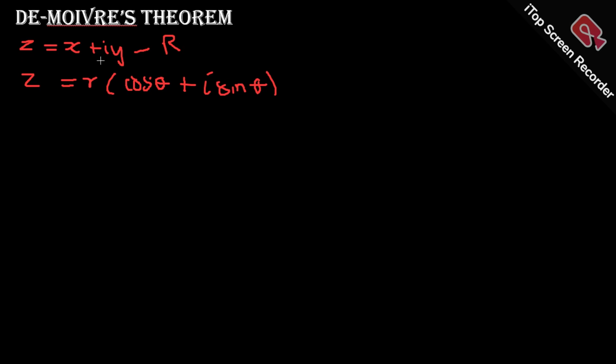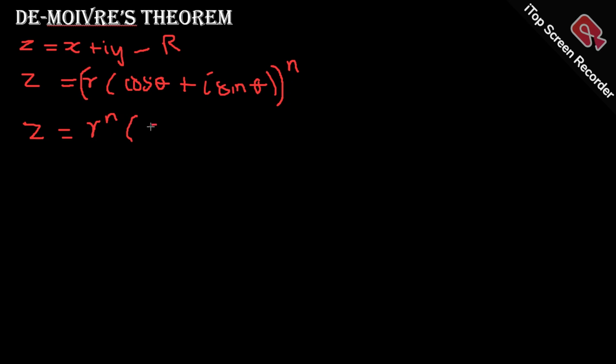All right, so DE-MOIVRE'S theorem proposes that when the complex number that you have is raised to a positive integer, you don't want to do a lot of math, expanding everything, doing this and that. According to DE-MOIVRE'S, you just take this same n and put it there, so it will be r raised to the power n.